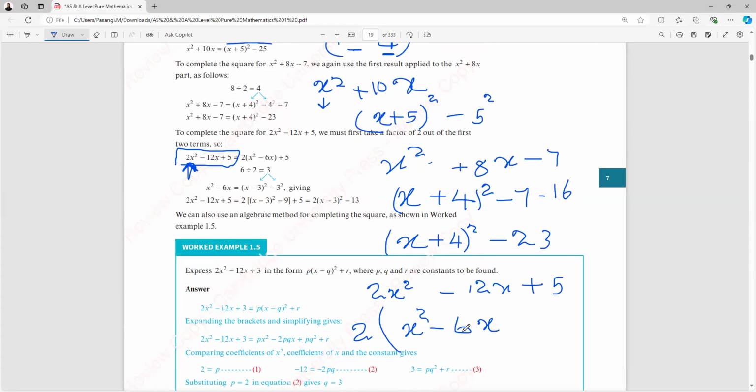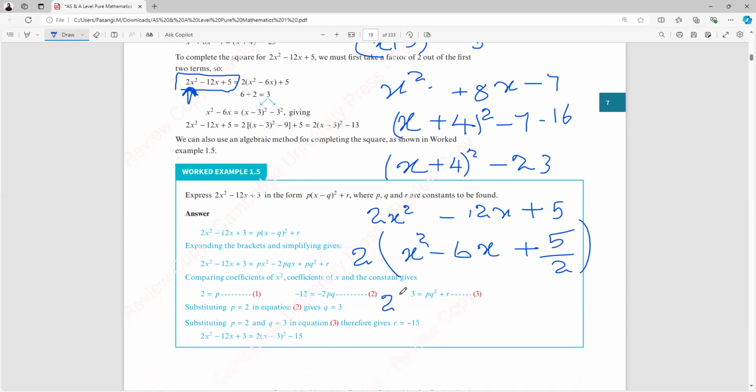Then x squared minus 6x, and the 5 becomes plus 5 over 2. Now I'm going to make it a complete square: (x minus 3) squared plus 5 over 2.